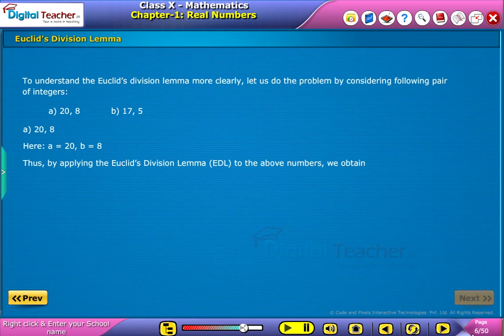By applying Euclid's division lemma, EDL, to the above numbers, we know that A is equal to BQ plus R. So when 20 is divided by 8, we obtain quotient Q as 2 and remainder R equal to 4. Substituting the obtained values of Q and R in the above expression, we obtain both LHS and RHS equal.